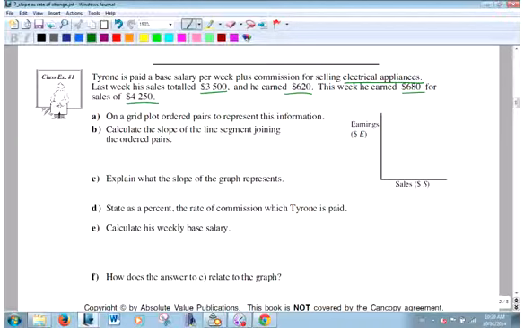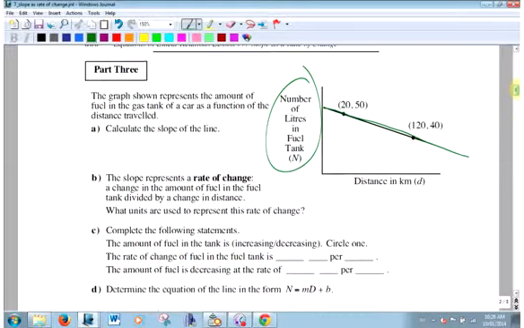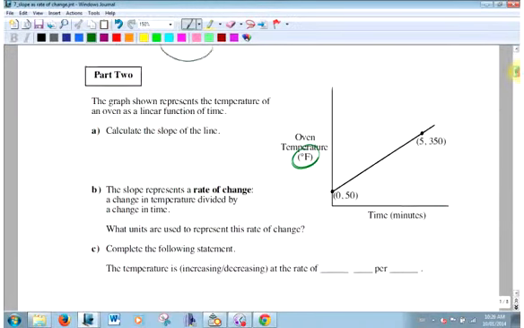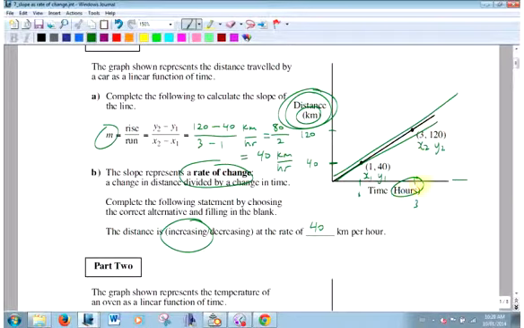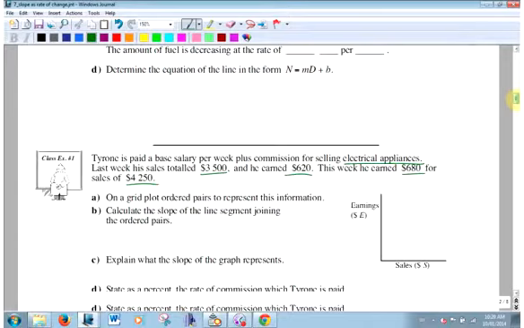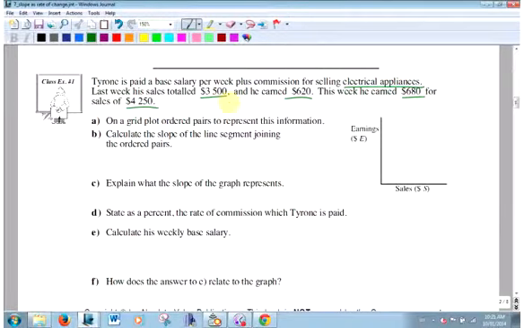On a grid, plot the ordered pairs to represent this information. If it's time, hopefully you guys remember, you should always put that on the x-axis. Time is always, 99% of the time, independent. The temperature of the oven depends on time. The distance you drove depends on how long you drive for, which makes more sense here to put on the x-axis.